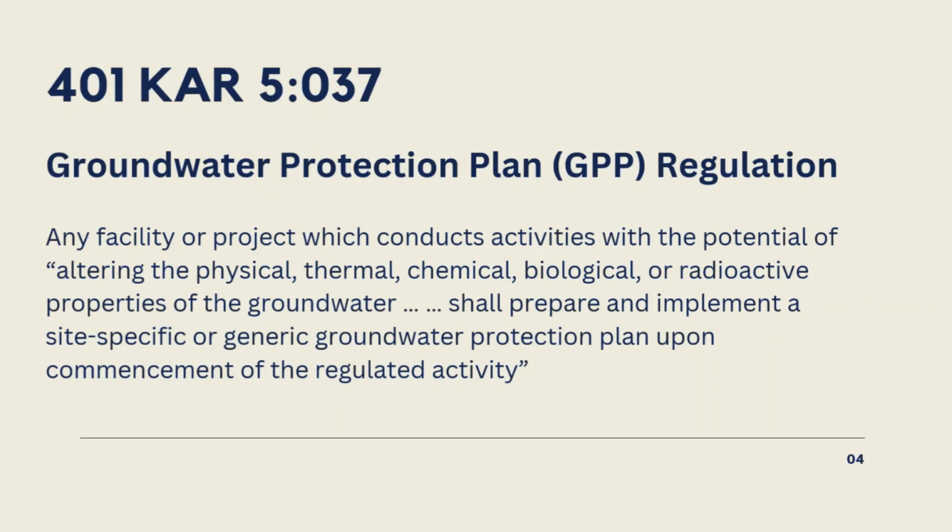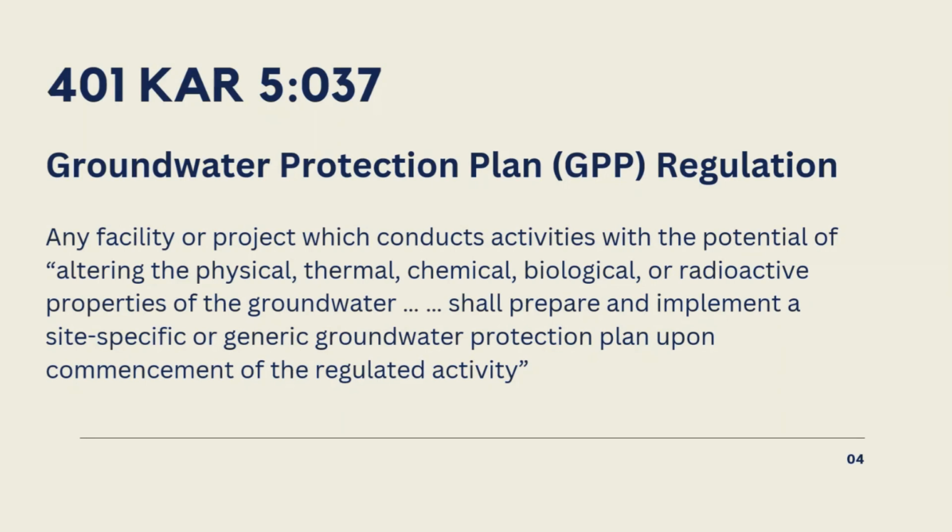So, groundwater protection plan: the regulation is for any facility or project which conducts activities with the potential of altering the physical, thermal, chemical, biological, or radioactive properties of the groundwater, shall prepare and implement a site-specific or generic groundwater protection plan upon commencement of the regulated activity. We're going to get into this in a second.